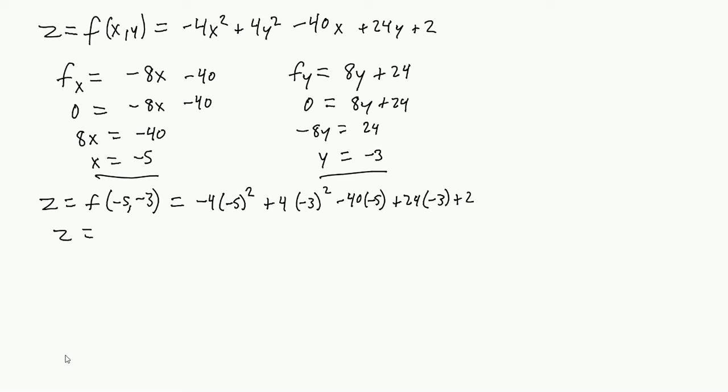Alright, I get 66 when I plug that in. So your critical point is negative 5 comma negative 3 comma 66. Okay. So we've got to go through and figure out, is that a local minimum, a local maximum, or a saddle point?